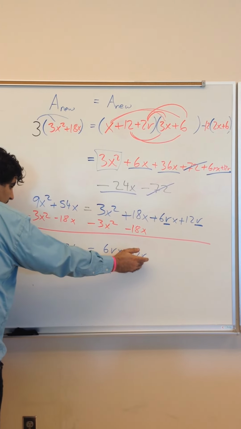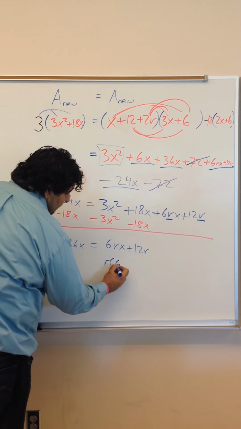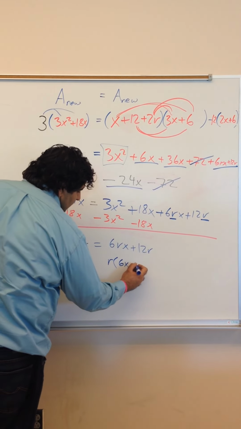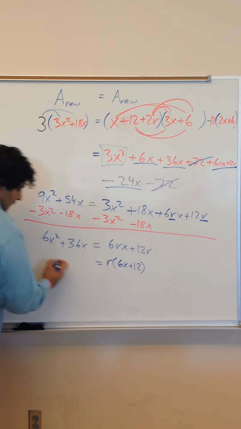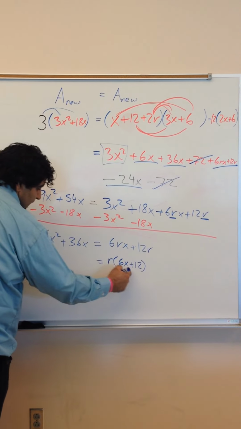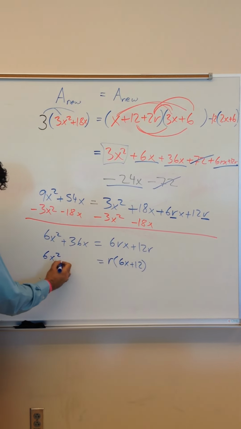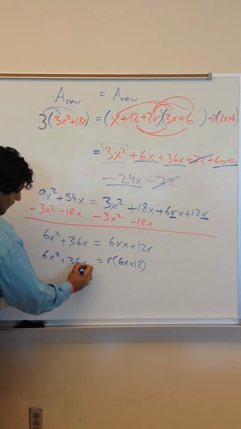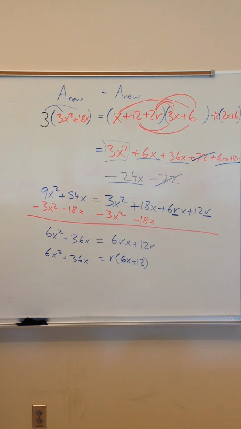So all I want you to do is factor out r. So when you factor out r, you're left with 6x plus 12. Because when you do that, you can now divide both sides by this piece, which gets you r by itself. So we have 6x squared plus 36x equal r times 6x plus 12.